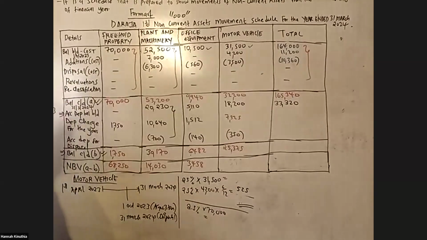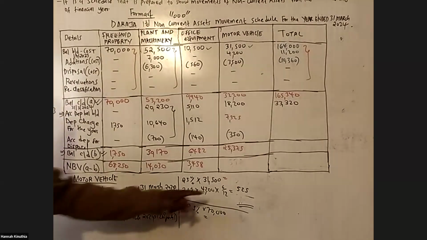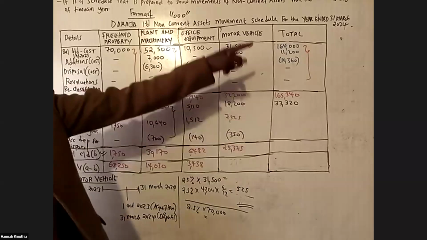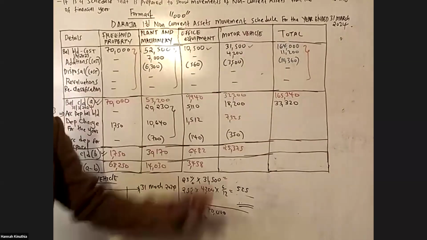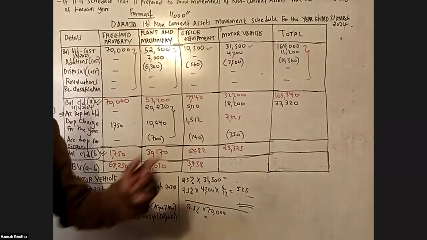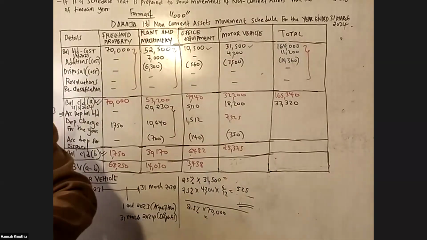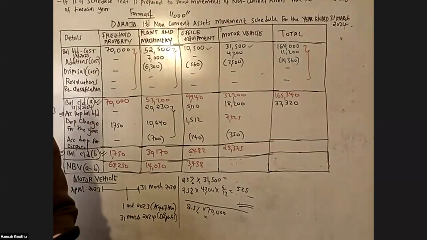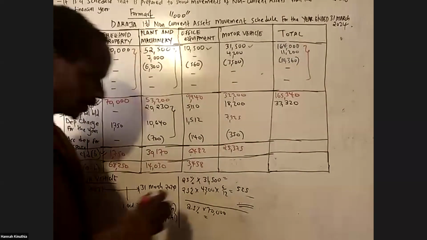Is that correct? So in the next financial year, that is in the year 2025, from 1st April 2025, we shall remove the 500 now, so that it will be from 1st April up to the end. Is that correct? Yes, I agree.